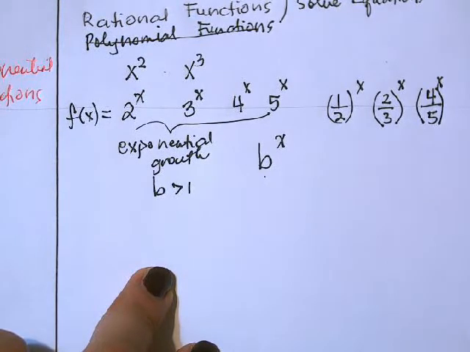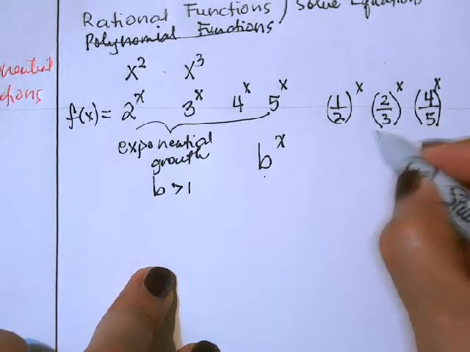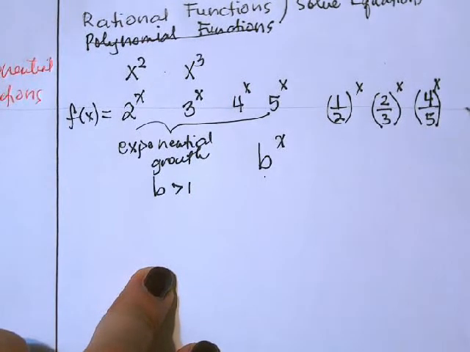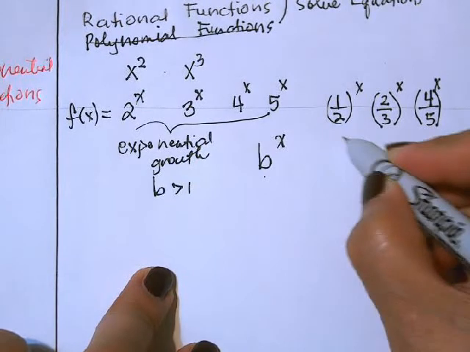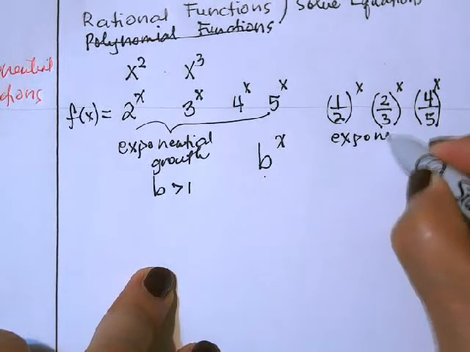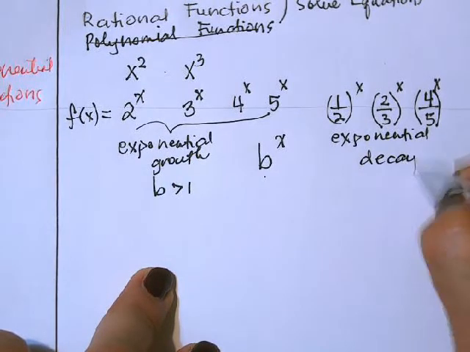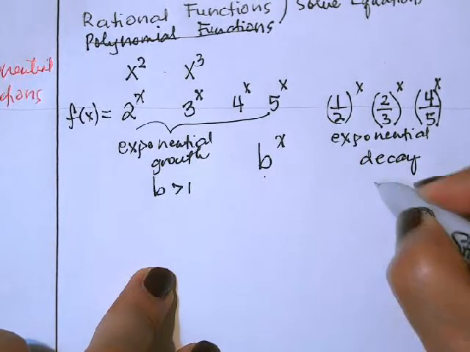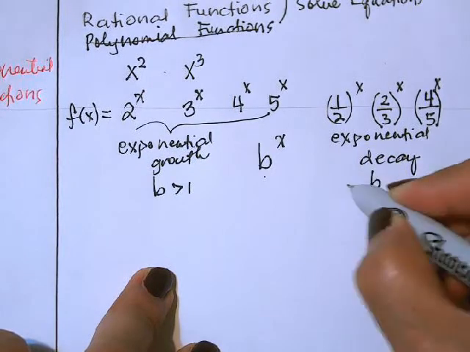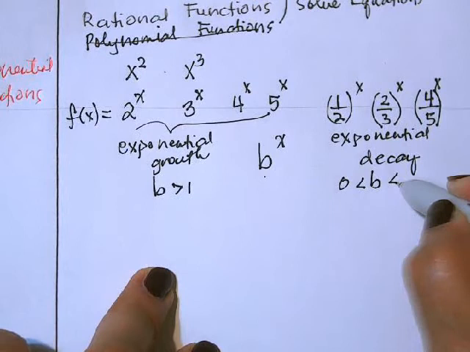So when this is smaller than 1 but bigger than 0, it has to be positive, this is called exponential decay, when b is bigger than 0 but less than 1.